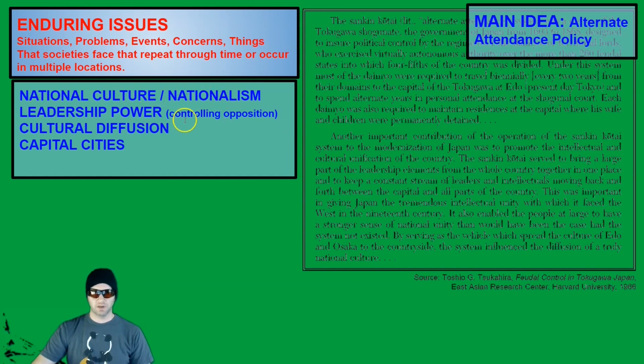Leadership power, specifically controlling your opposition. So if you're in power, controlling the opposition, people who want to take power from you. Cultural diffusion. Okay, the idea is spreading out all over Japan, cultural diffusion. And capital cities, the power of a unified central capital city. Capital cities and their power. And those are the major issues that I see.